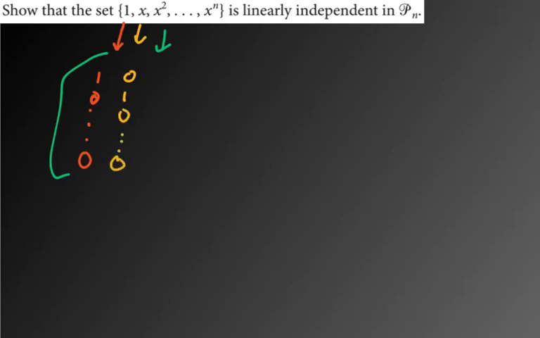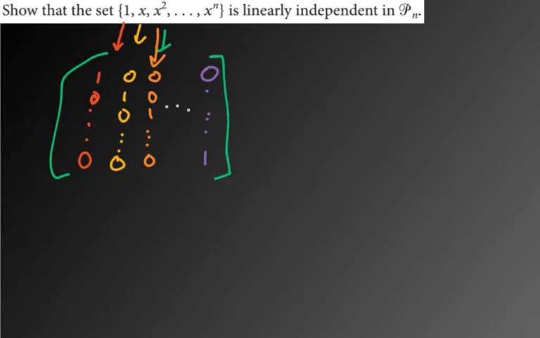And so on, you get 0, 0, 1, dot, dot, dot, 0. You could keep doing this all across. The nth one would look like 0 all the way down, and then you'd have a 1 in the bottom.